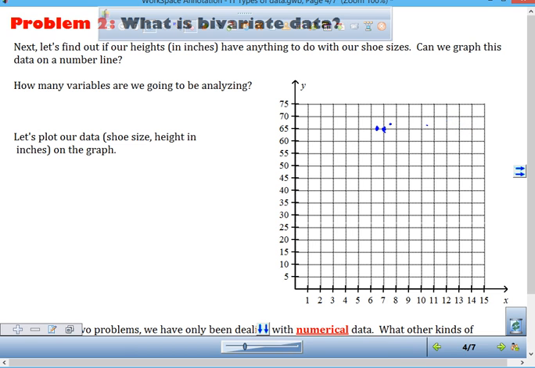Okay, Tim? 13.5 shoe size? 12 and 68. Kaden? And shoe size?